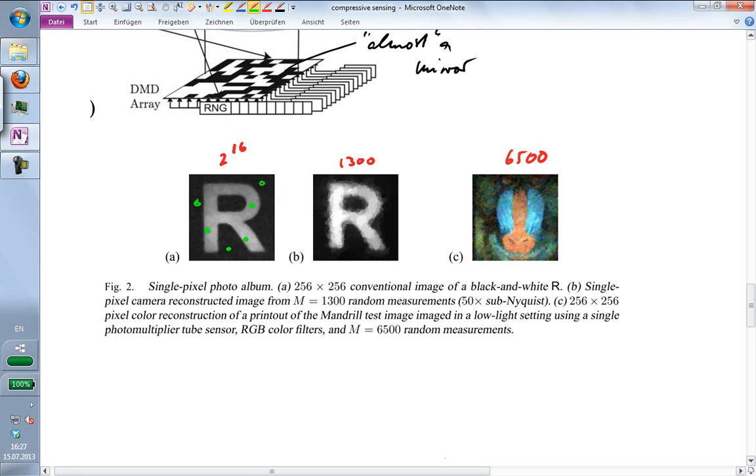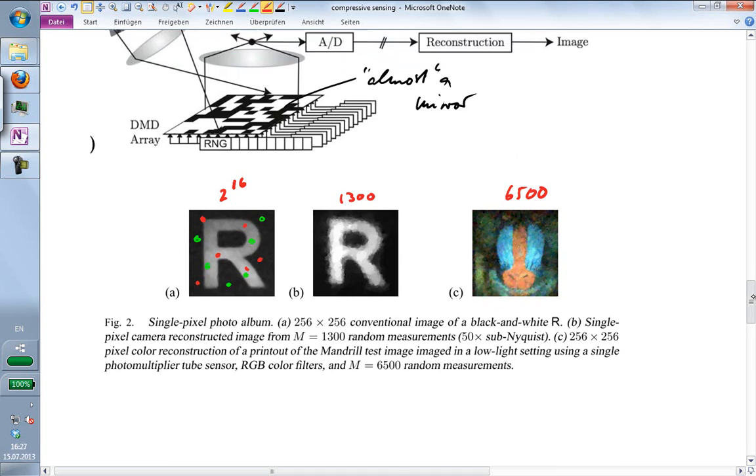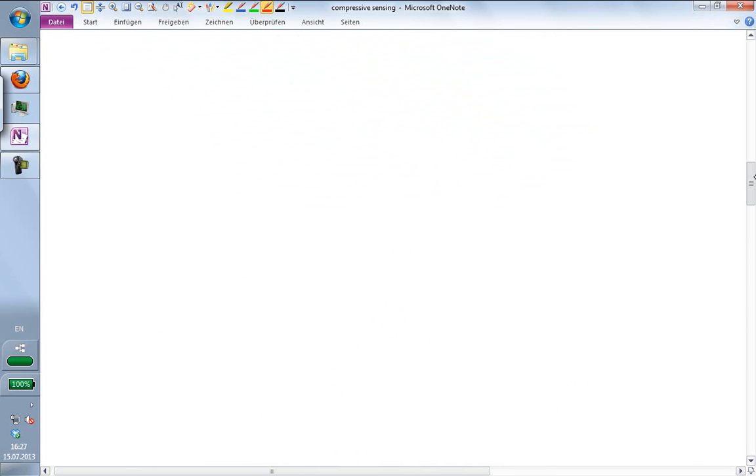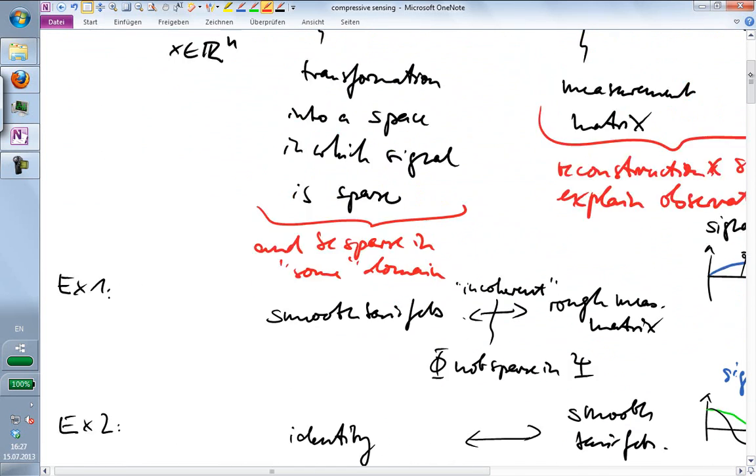That was your first basis function. And then you next measure the sum of intensities that you have at the red pixels. This is the next basis function, and so on. So it's a kind of Monte Carlo integration, if you like. And these measurements are then used in the formula above.